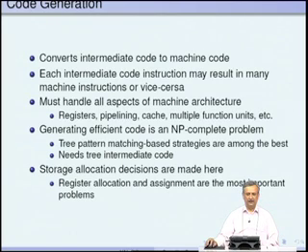For example, we must use the registers very efficiently, try to use as many registers as possible because registers are very fast. It must take care of the pipelining nature of the processor, it must handle the cache sometimes, and if there are multiple function units, it must put them to efficient use. It should not be that only one of the function units is used and the rest are all idle.